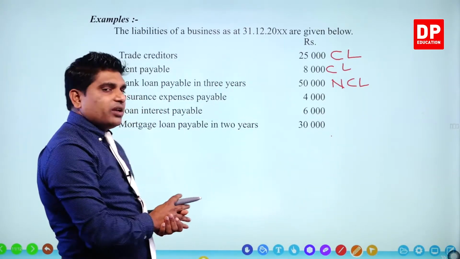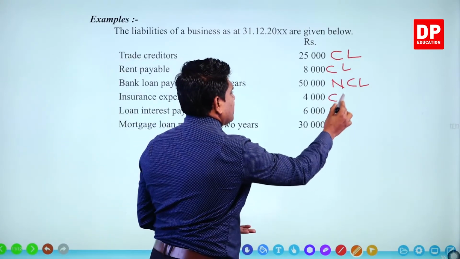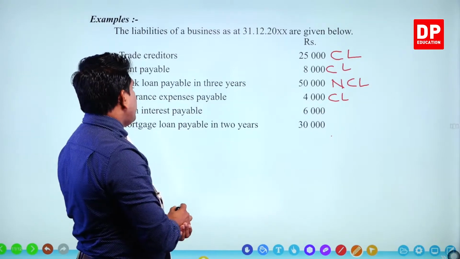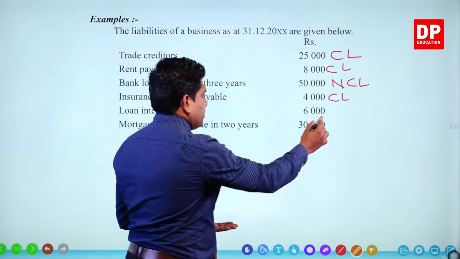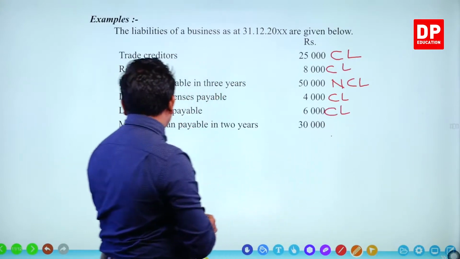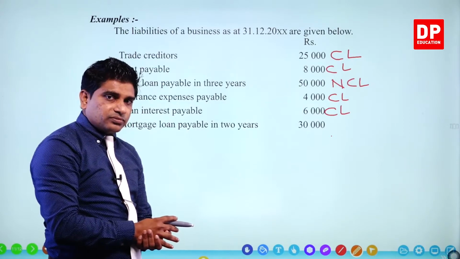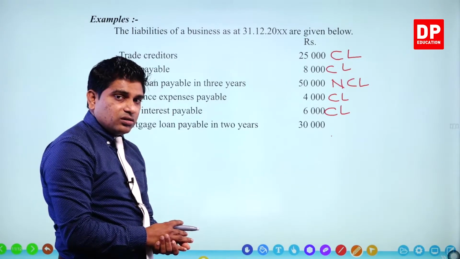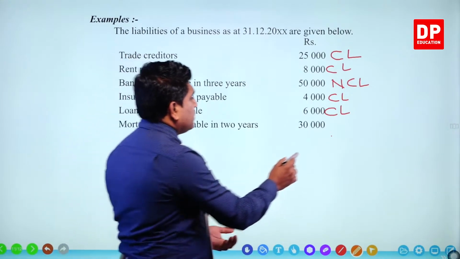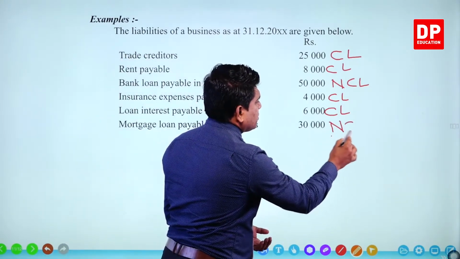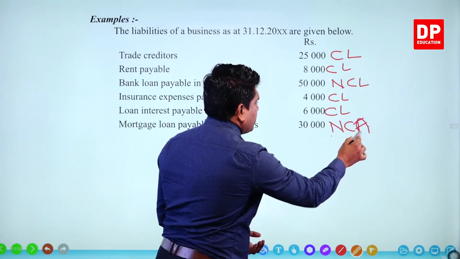Insurance expense payable, any payable expense, current liability, right? Loan interest payable, payable, current liability. Mortgage loan payable in 2 years, mortgage loan, I told you, non-current liability.